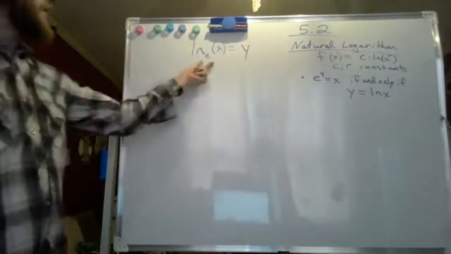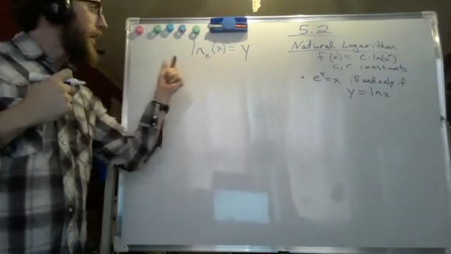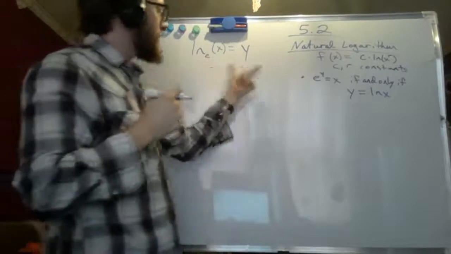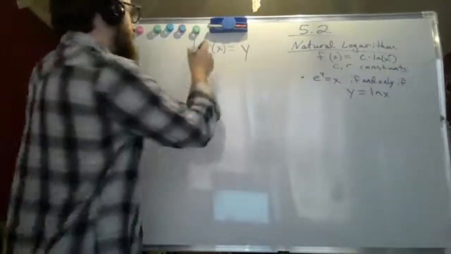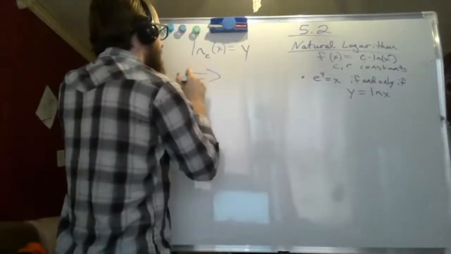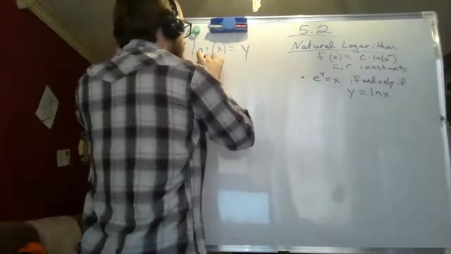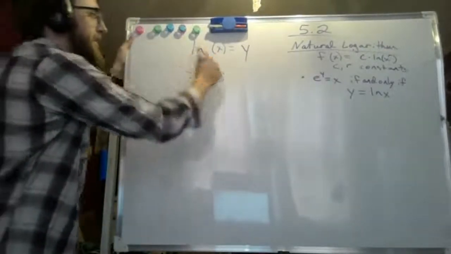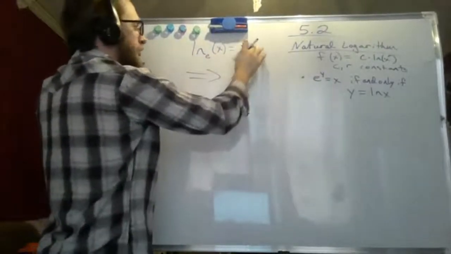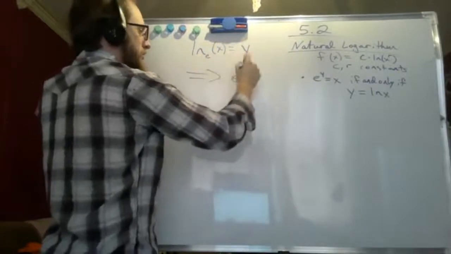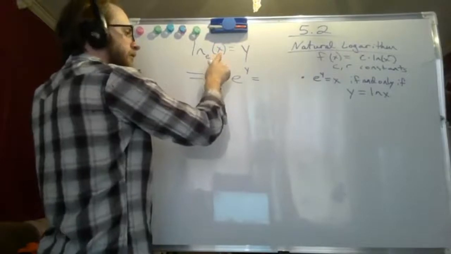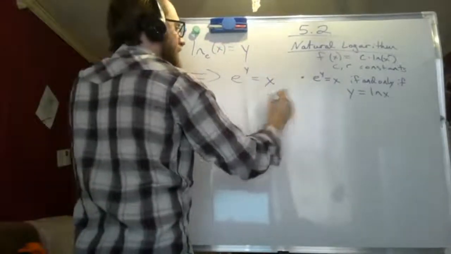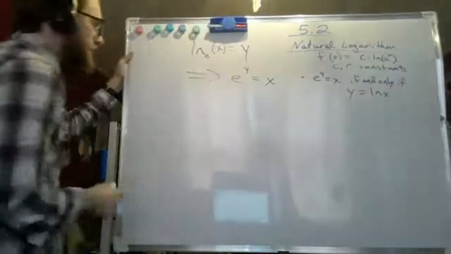What this is telling us is that when we have y equals the natural log of x, and we have this implied base e, then whatever the base is, in this case it's e, raised to the power of what this equals also equals what's on the inside of our natural log, x. That's what this rule is telling us.